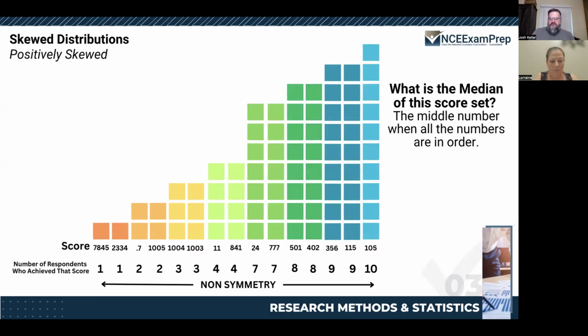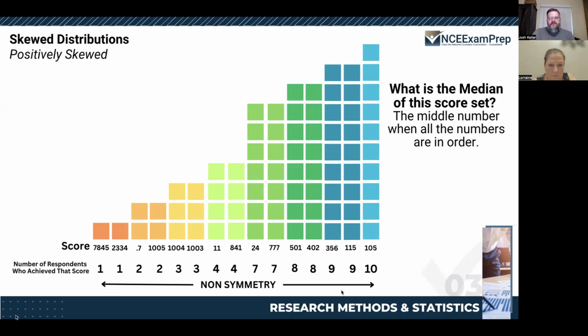Okay, how about this one? That's going to be hard to find out, isn't it? 841. Okay, why do you say that? Because right now that's the one that's in the middle, but what's wrong with this data set?